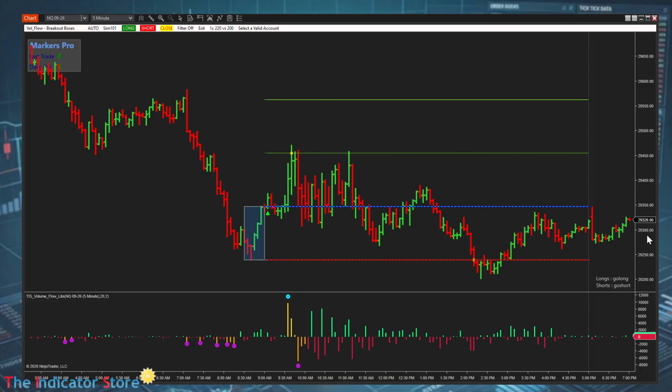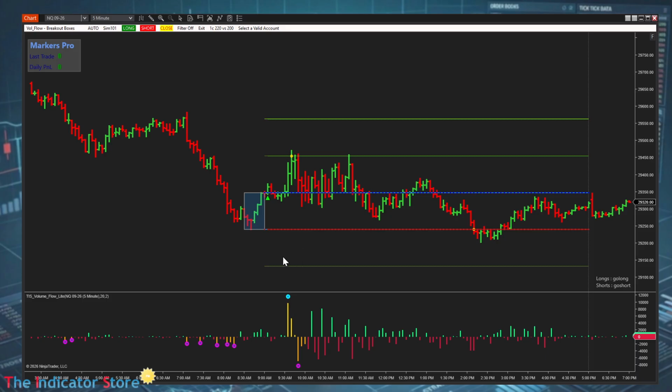And also there should be here a stop or target, depending on if you are going short or long. In this case, because there was a breakout to the upside, the trade is a long with a target. But this is the breakout boxes that, as you can see, has only one trade per day.